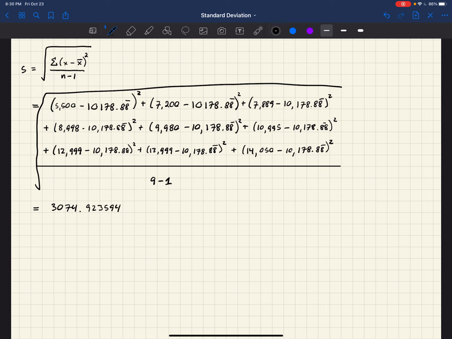So that is the first formula that we're using to compute the standard deviation.